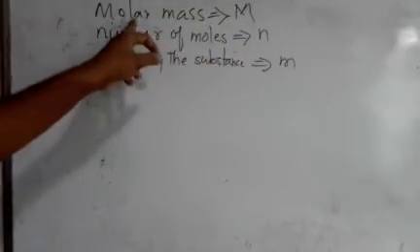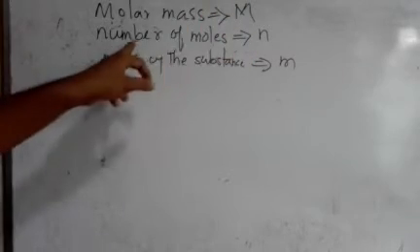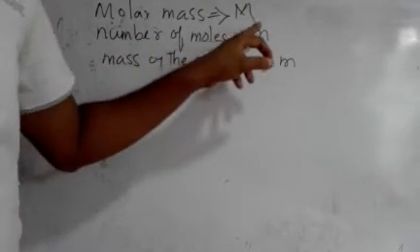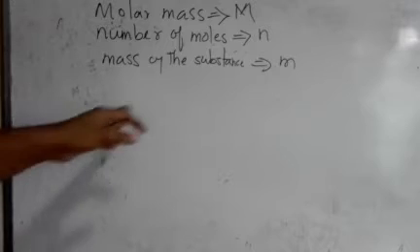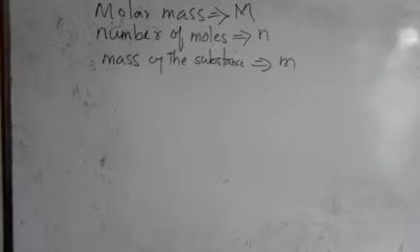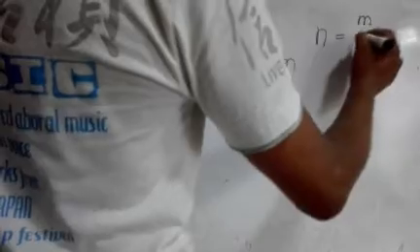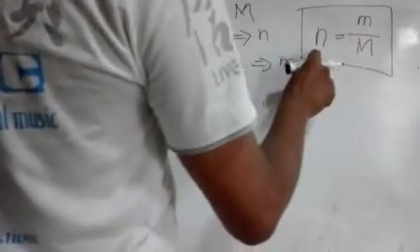Here we use these letters: capital M for molar mass, simple n for the number of moles, and m for the mass of the substance. Then we can build up a relationship like this: number of moles equals the given mass divided by the molar mass.